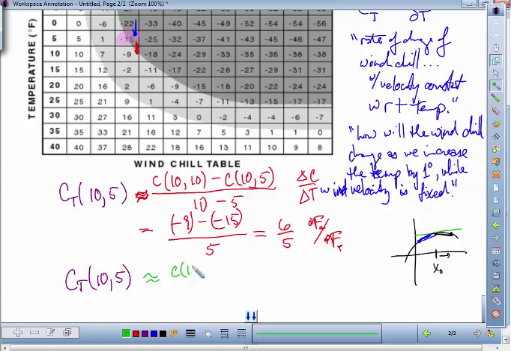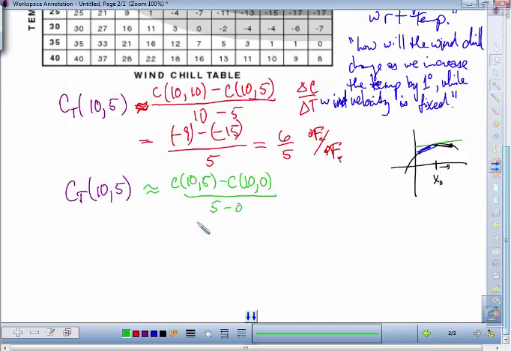So C of 10, 5, that's a temperature that we're interested in, minus C of 10, 0, divided by the T values 5 and 0. So this is negative 15 minus negative 22 divided by 5. 7 fifths now.